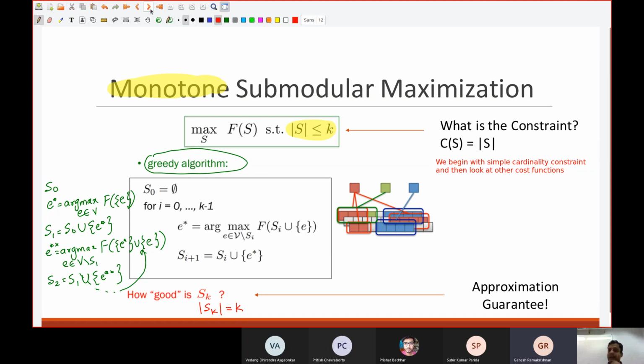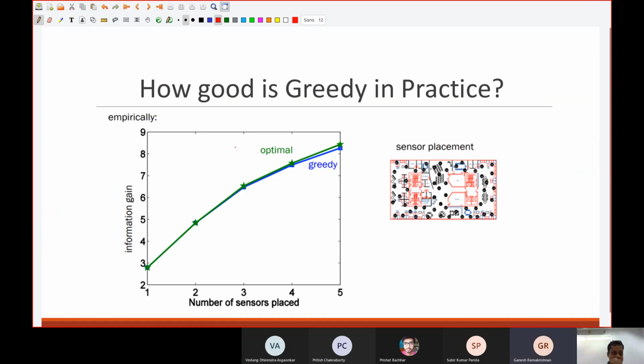How good is this in practice? Okay, anyone has tried using? Have you evaluated the goodness? Okay, so it turns out that if you're trying to do sensor placement, you can see these are sensors, nodes, and each sensor has some area of coverage. Look at the information gain, basically the gain by adding each sensor. In an optimal setting, optimal is some oracle or some brute force gives you the optimal set.